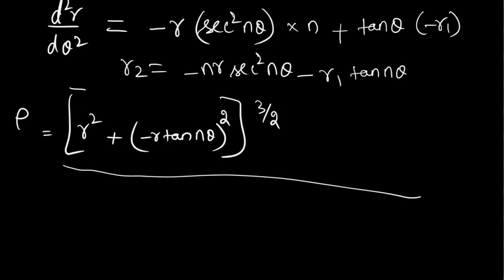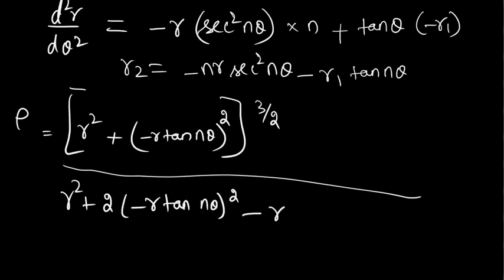Divided by, in the denominator we have r² plus 2 into r1², so again minus r tan nθ whole square. r² plus 2 into r1² minus r into r2. r2 is here, and r2 is minus n r sec² nθ minus r1 tan nθ.